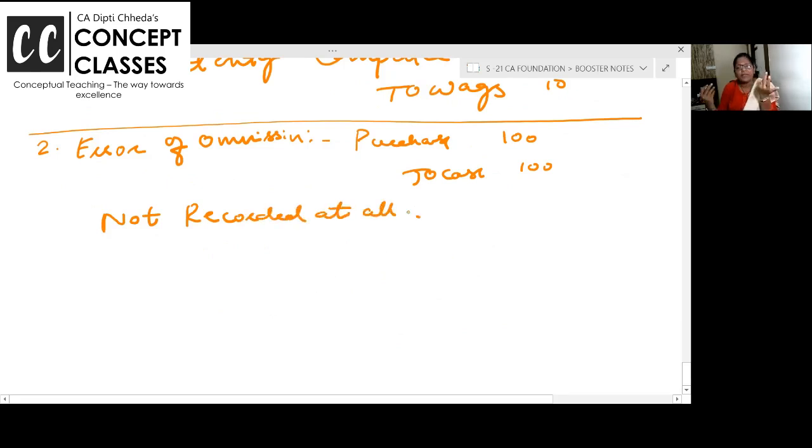You didn't record this entry at all. Purchase account debit to cash is not recorded at all. Complete omission.